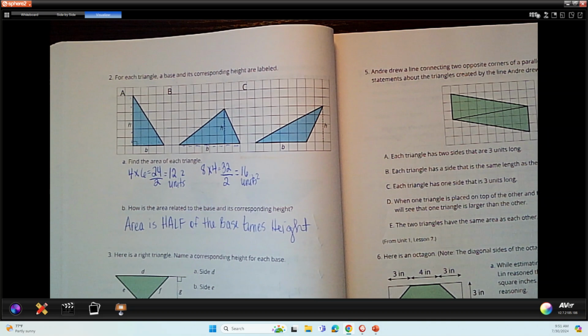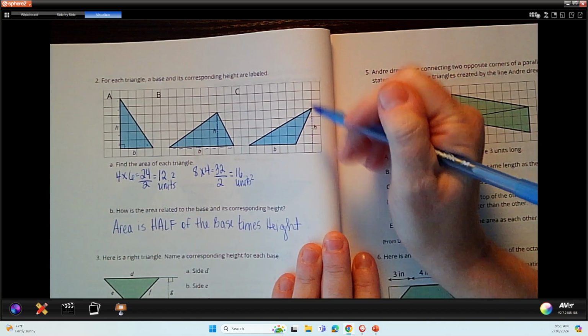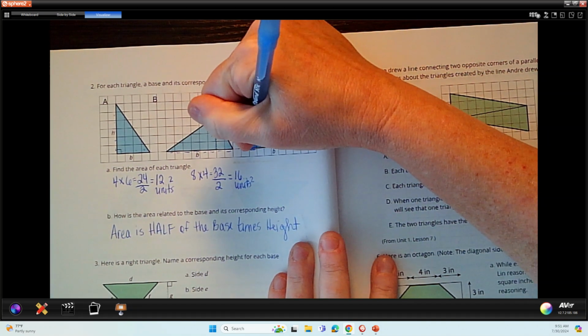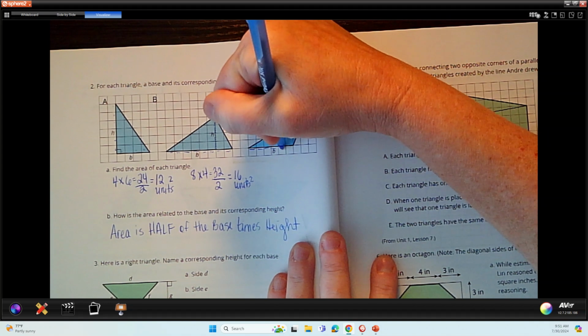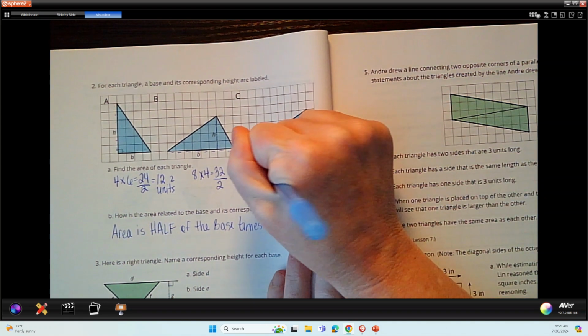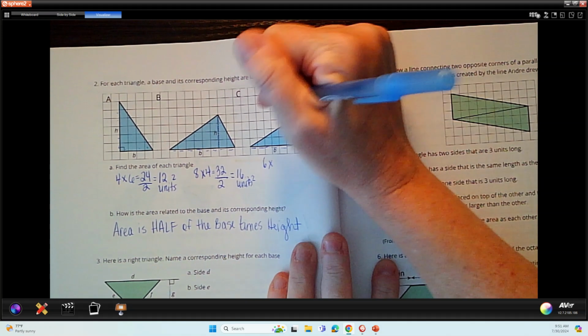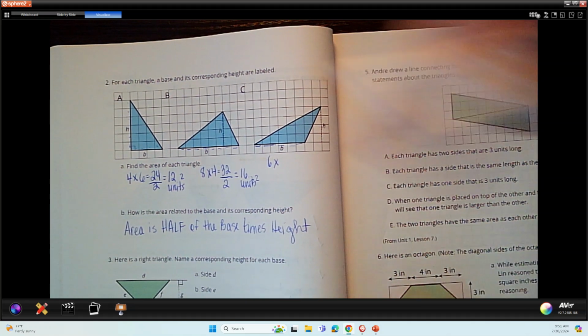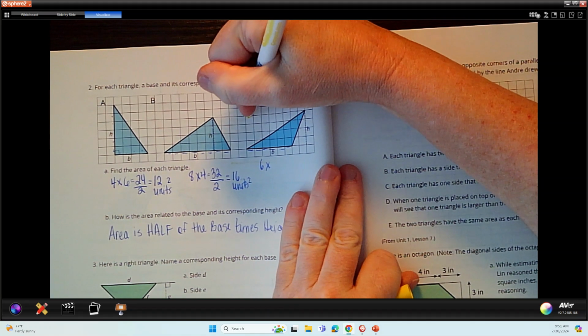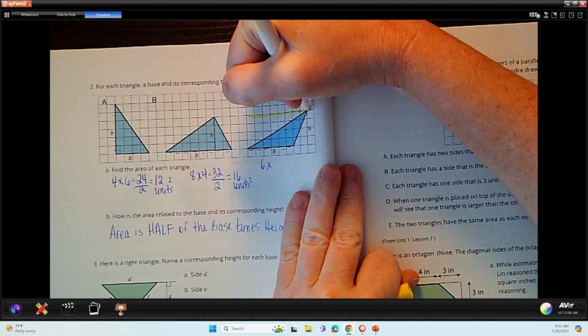All right, last but not least, base times height divided by 2. So we've got base 1, 2, 3, 4, 5, 6 times the height. It's way out here, but remember that here's that imaginary plane. I'm going to just kind of sketch it. It goes all the way across this line right here. See that?